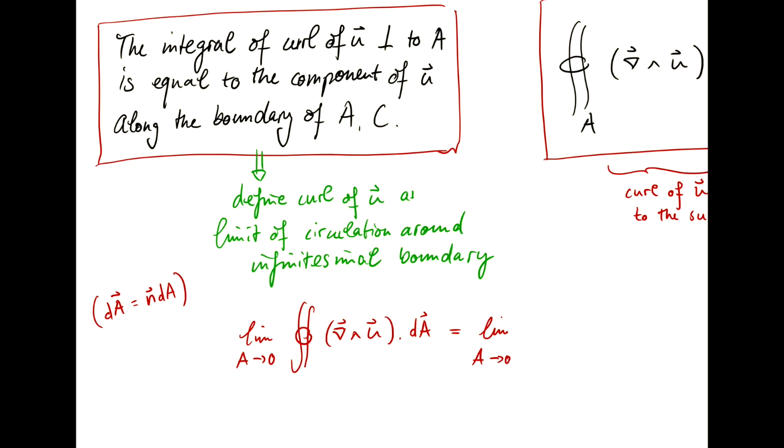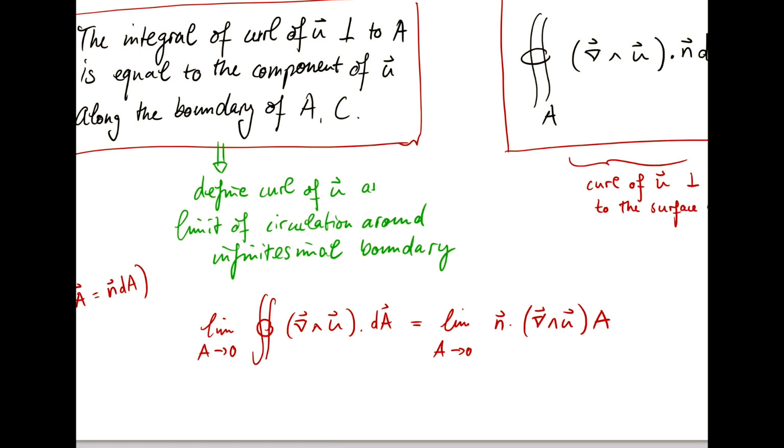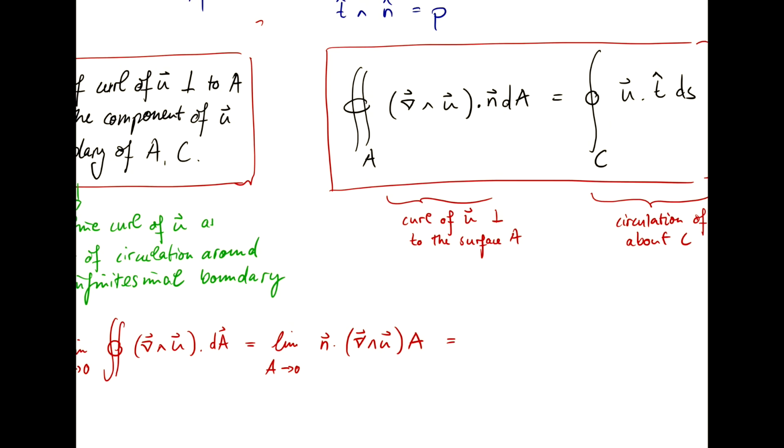You don't have to evaluate the integral itself, so you have n dot curl of U times A, and then that has to be equal to the right-hand side of Stokes' theorem, which is in the limit of A goes to 0, the line integral of U dot T ds.